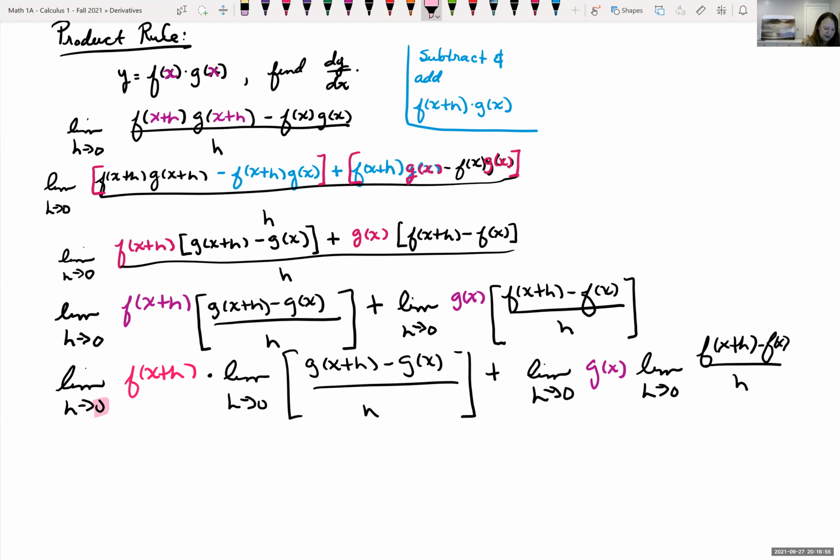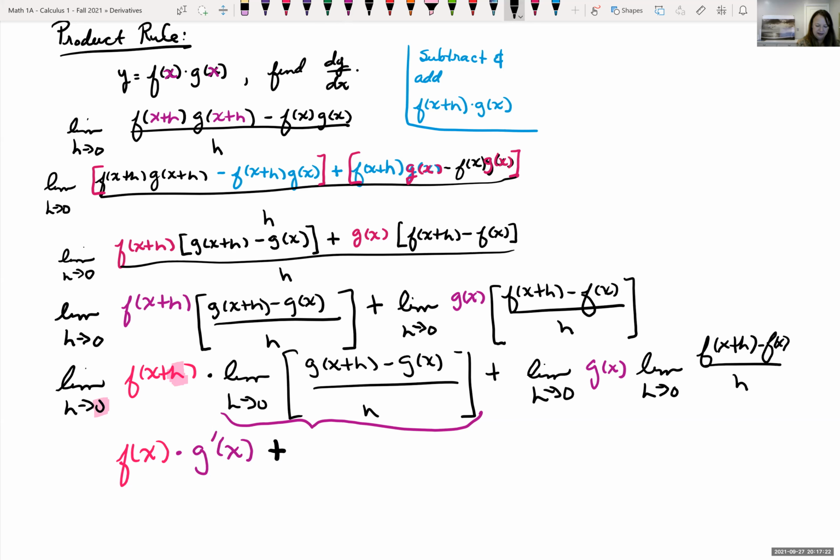If you plug in 0 wherever you see an h in this f of x plus h, that's just going to give us our function f of x. By definition, this limit as h goes to 0 of this difference quotient is just the derivative of g of x, so g prime of x.